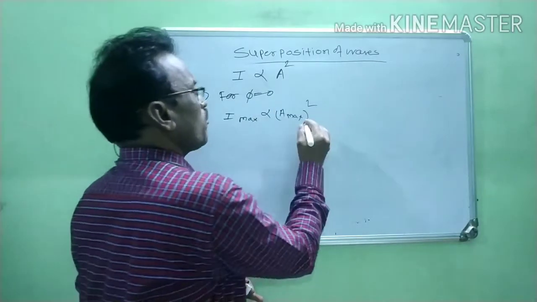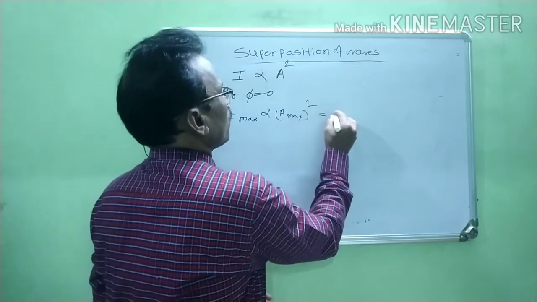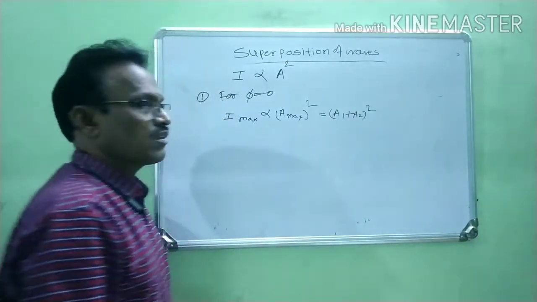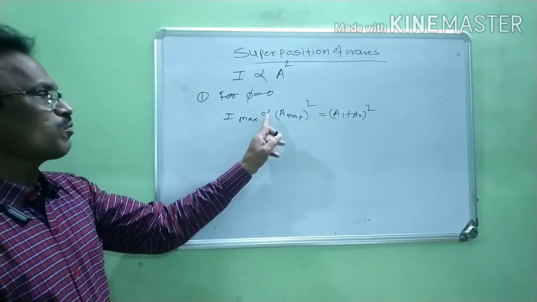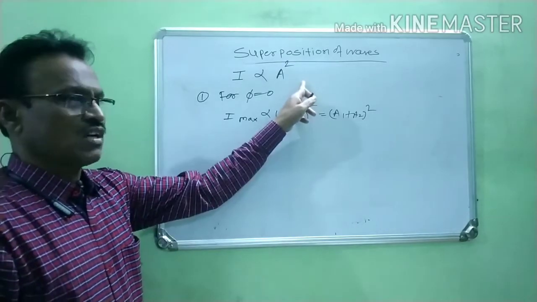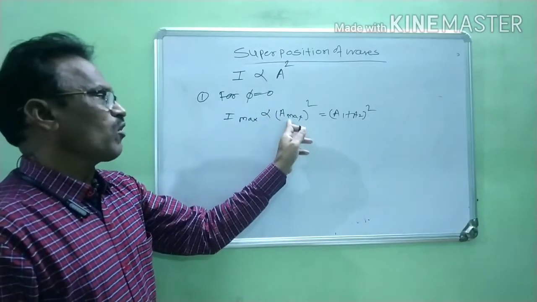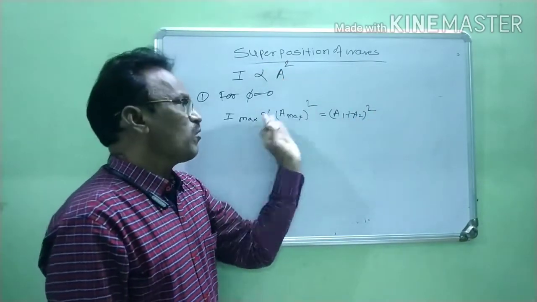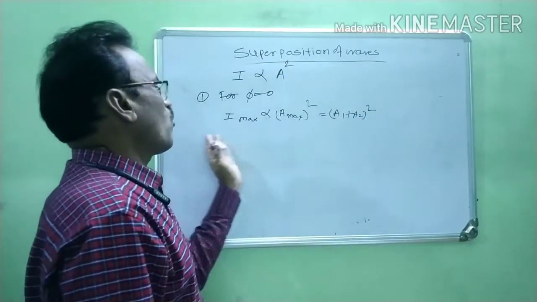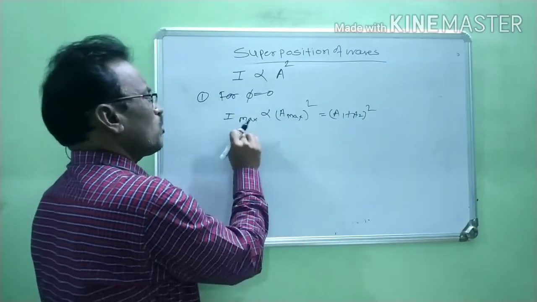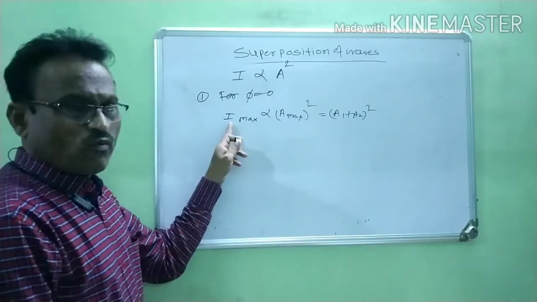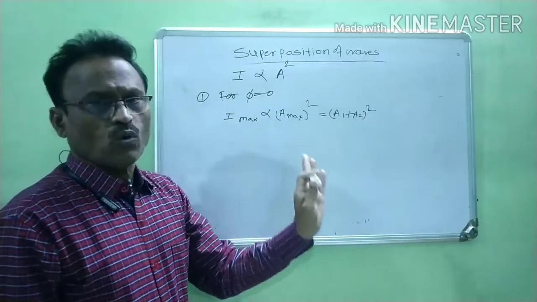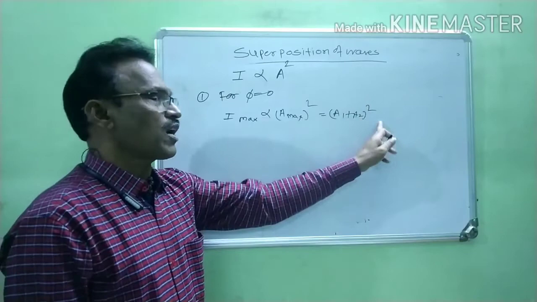But when it is A max, at that time it is equal to (A1 plus A2) square, right? Therefore, I max is proportional to A max square, which is (A1 plus A2) square. From this, it is clear that when the intensity of wave is maximum, when the phase difference between two waves is 0, it is (A1 plus A2) square.